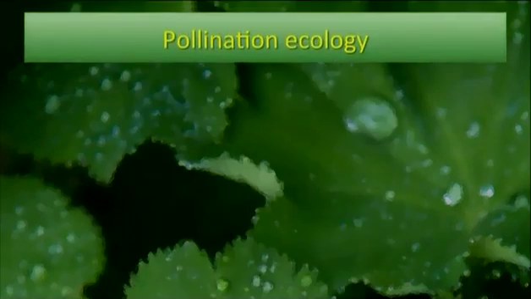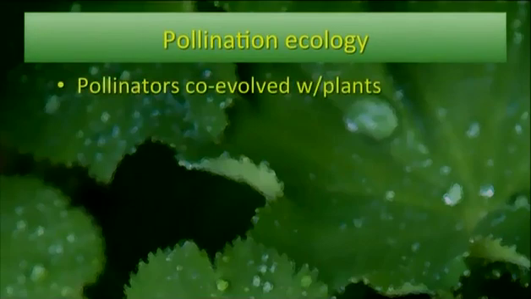Okay? So in terms of pollination ecology, pollinators co-evolve with plants. Okay? In some of these relationships, the relationship is so complicated that it's very hard to really know who actually initiated the relationship and who actually ended it. Okay?